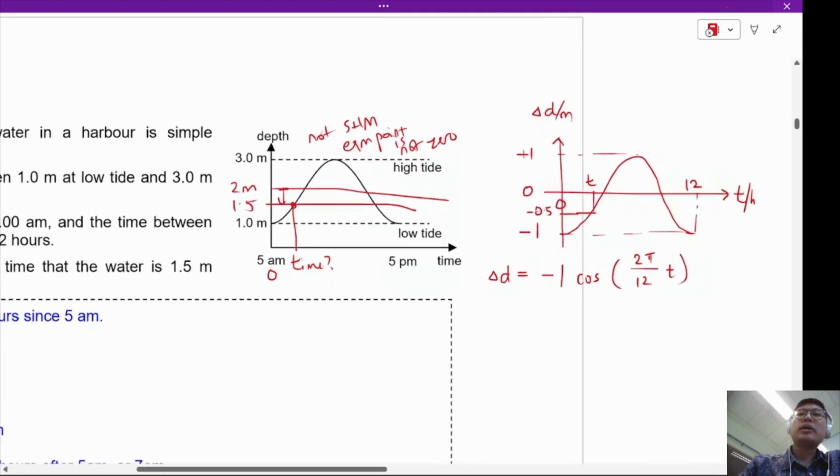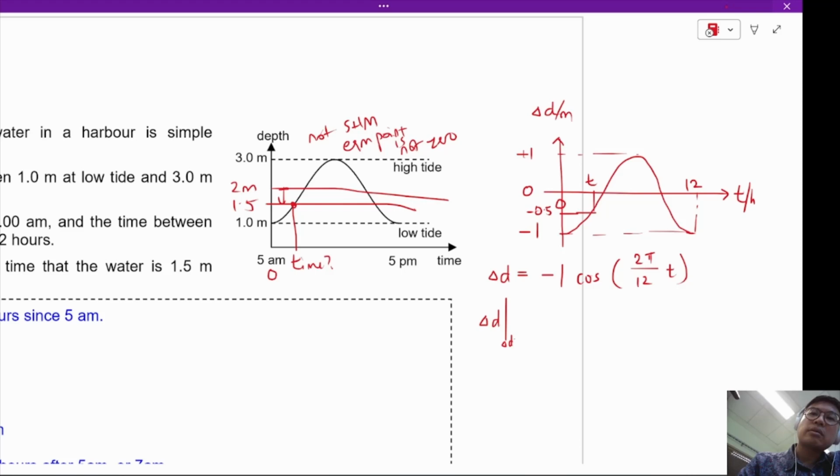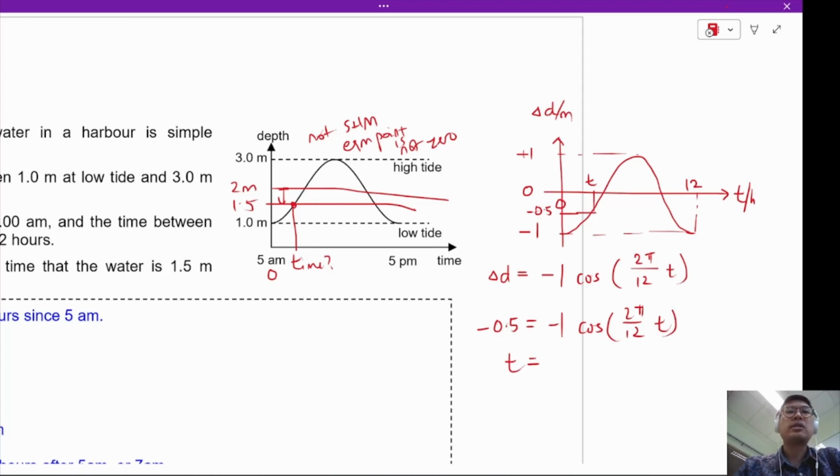So what is the time when the depth is minus 0.5? Okay, so we put minus 0.5, that's the depth, is -1 cosine 2 pi over 12 t. Now, using a graphic calculator, it's easy to solve for t.